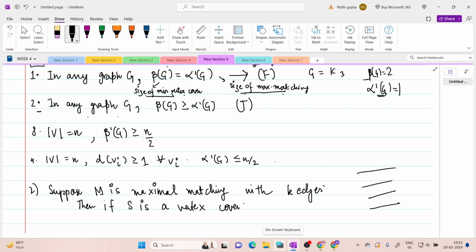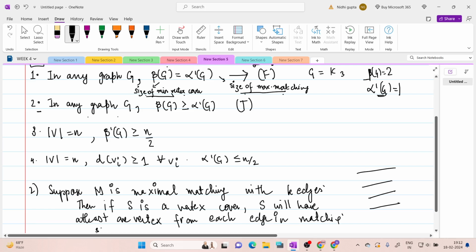So if S is a vertex cover, then S will have at least one vertex from each edge in the matching.